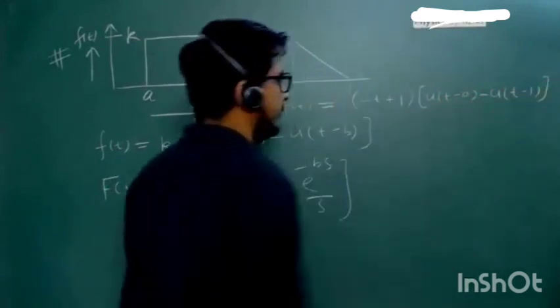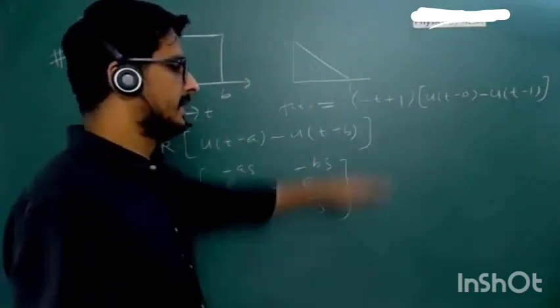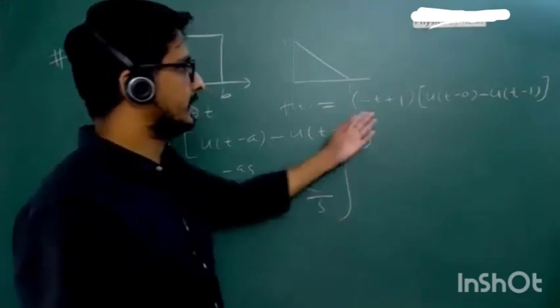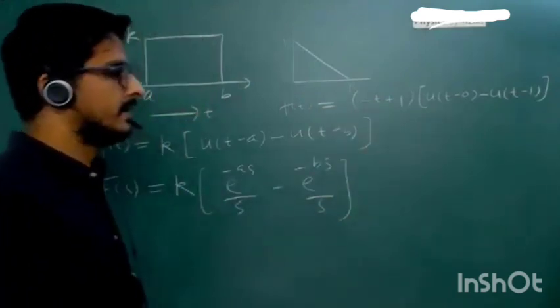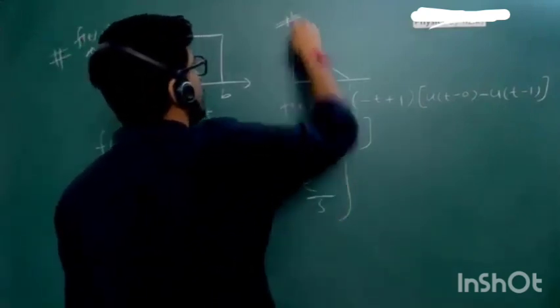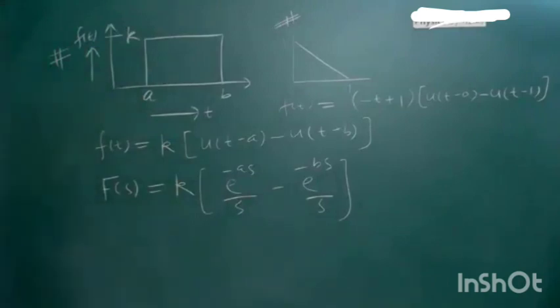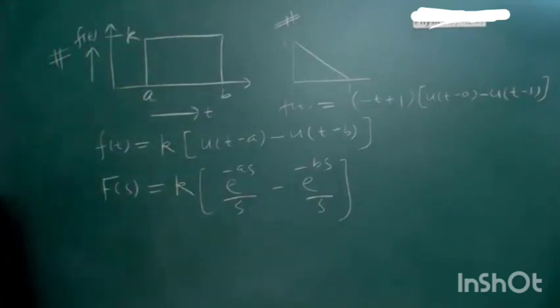So it will become something between the range, complete range. Now this definition can be used generally, okay? So this is how you can write any of the functions which is present between some range and absent otherwise. You can write them like this.